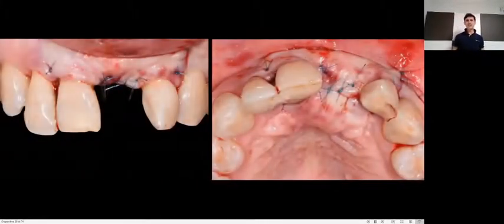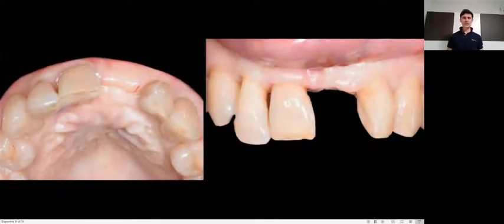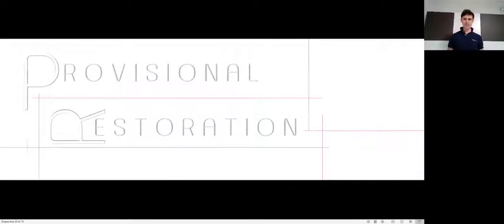And this is a situation occlusally and frontally, and the maturation of the tissues with the restoration of the convexity in a buccal area of the left central incisor, and the provisional restoration.